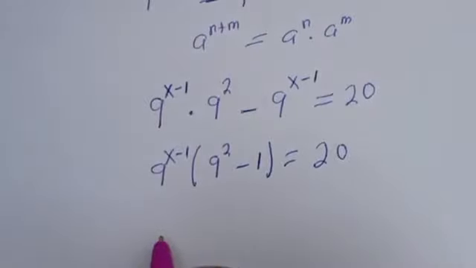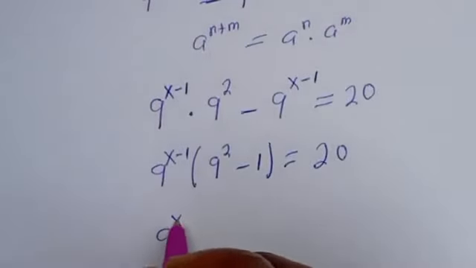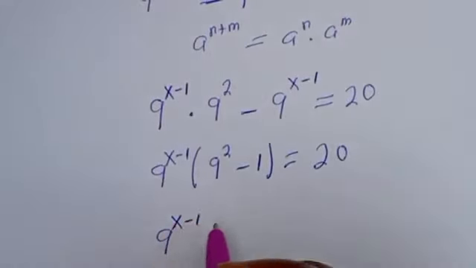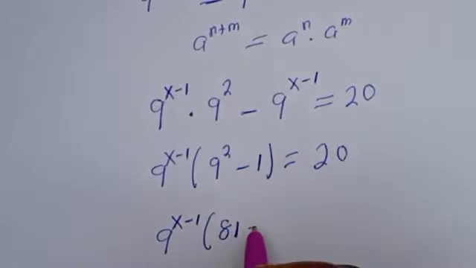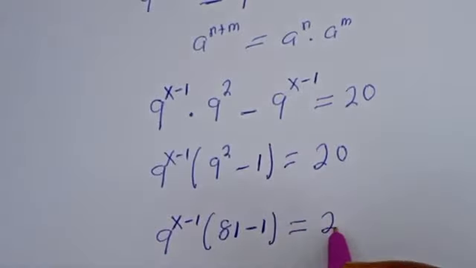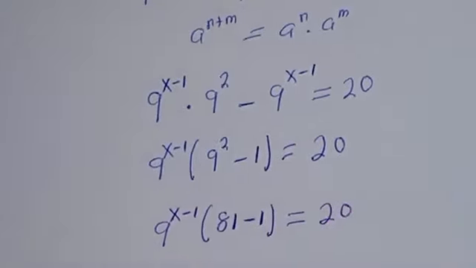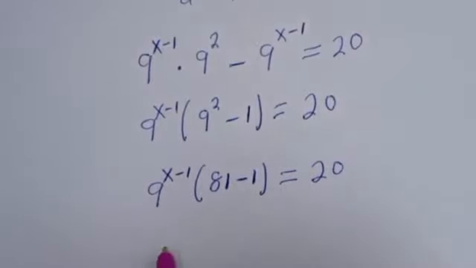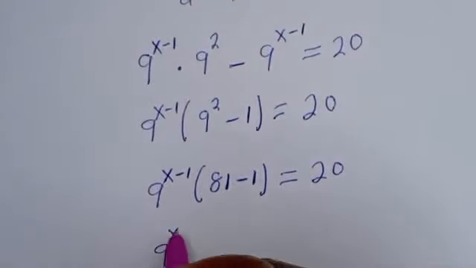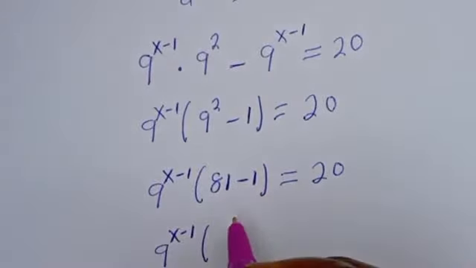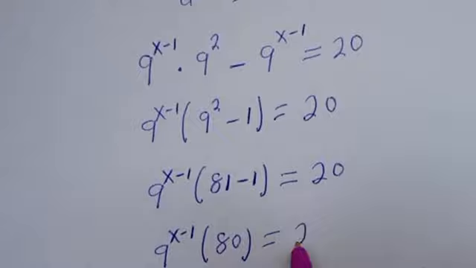Then this is 9 to the power of x minus 1 bracket 9 squared, this is 81, minus 1, is equal to 20. This is 9 to the power of x minus 1 bracket 81 minus 1, that is 80, is equal to 20.